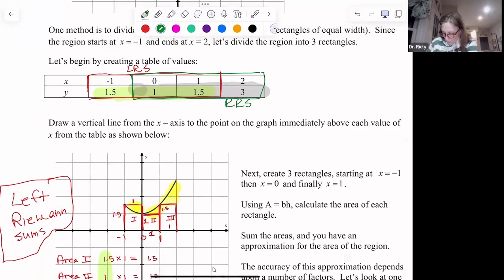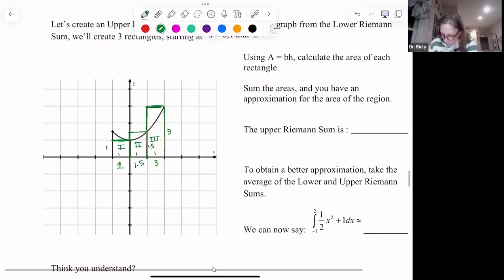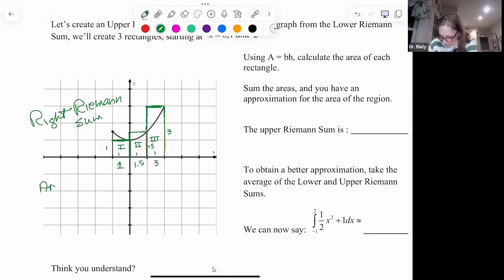So let's finish doing the math here for the right. So this is the right Riemann sum. And what I did to figure out my areas, so the area of 1 was going to be 1 times 1, so that equals 1 square unit. The area of the second one is going to be 1 times 1.5, so that's 1.5 square units.